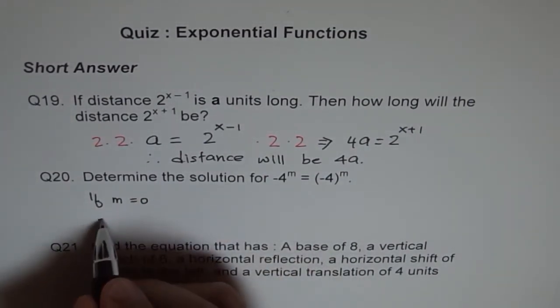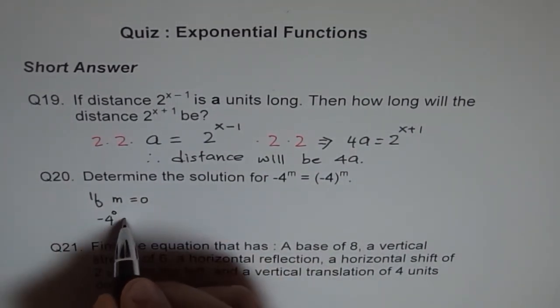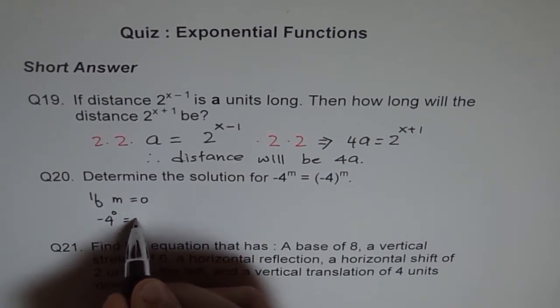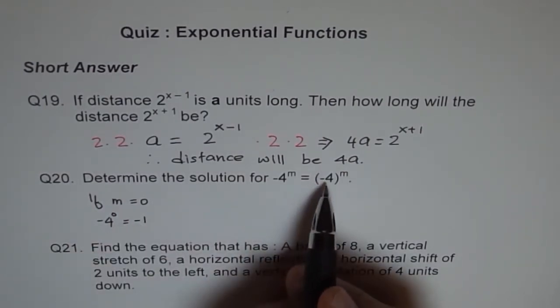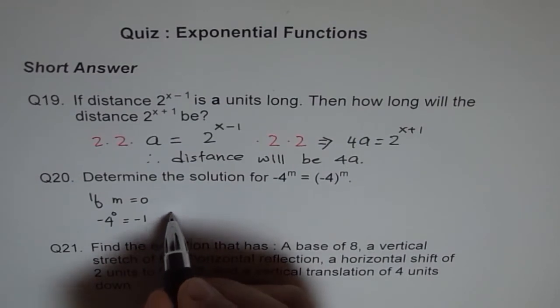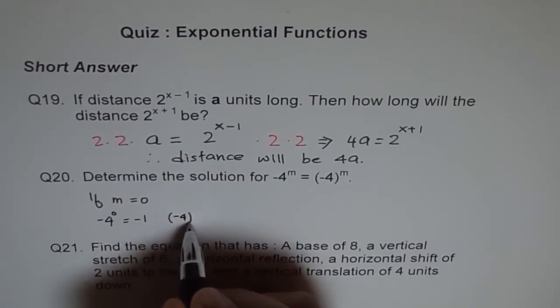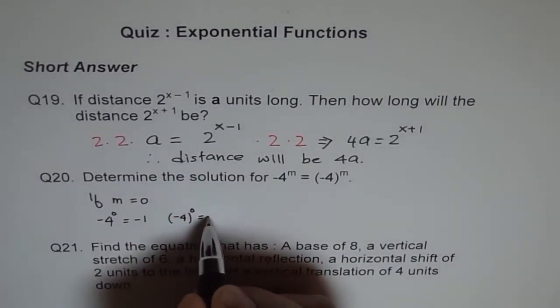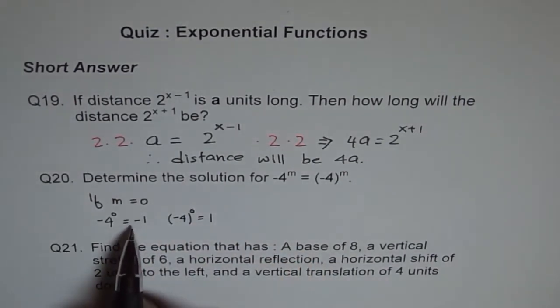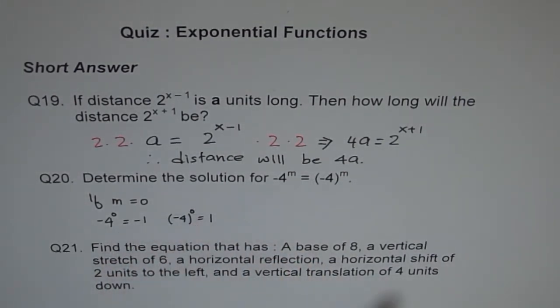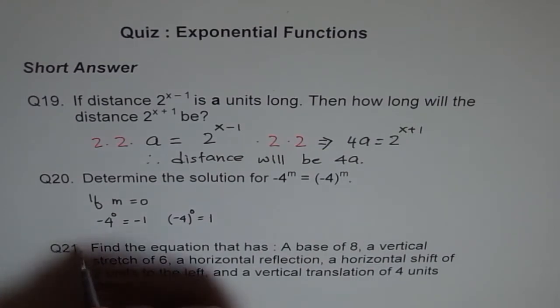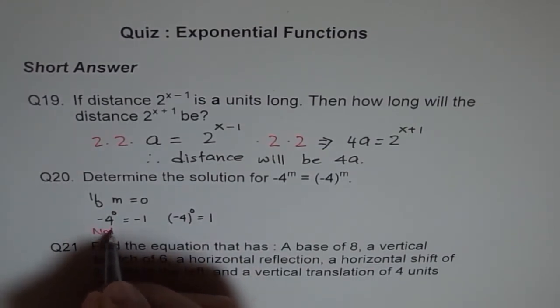So we get minus 4 to the power of 0, which is minus 1, correct? And how about this number? So here we get minus 4 within brackets to the power of 0, which is 1. You see, this is minus 1 and this is plus 1. So this is not a solution, okay?